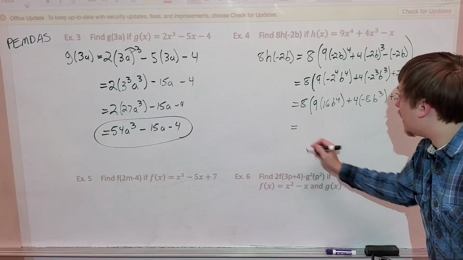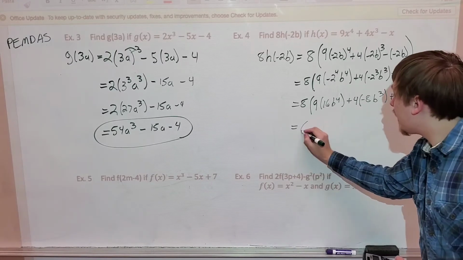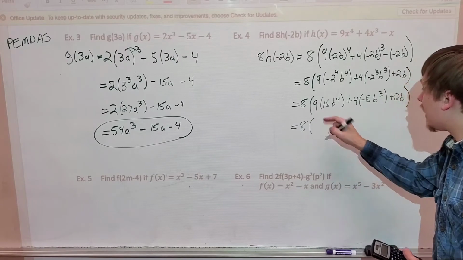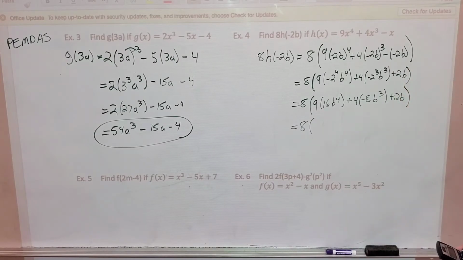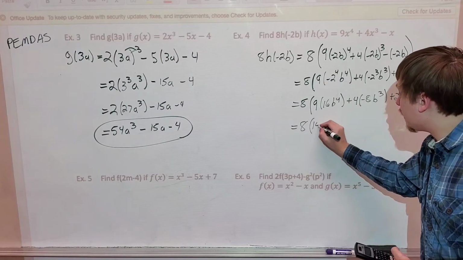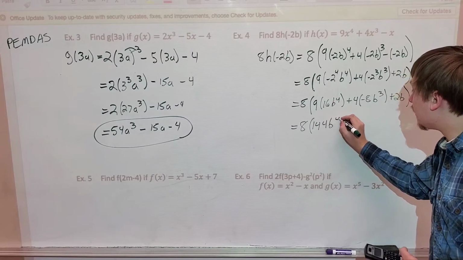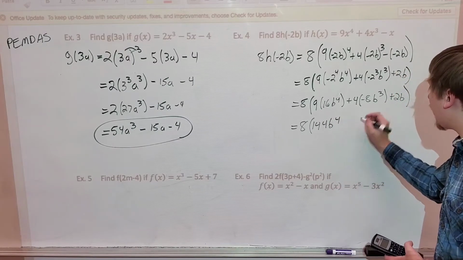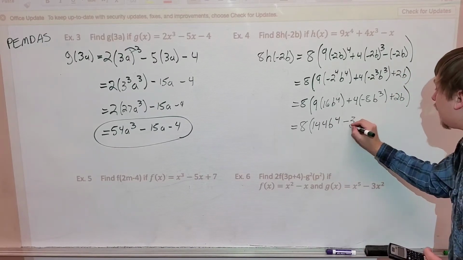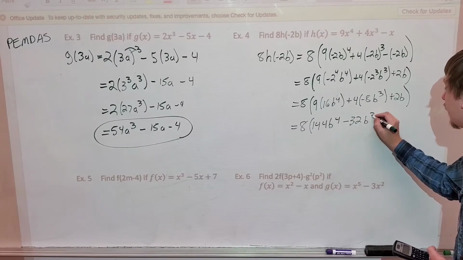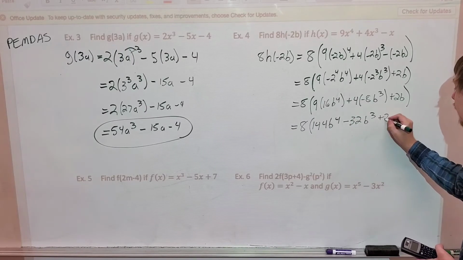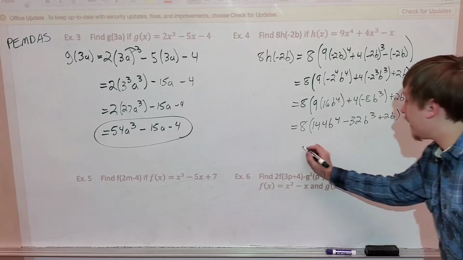Okay. Now we're going to multiply the stuff on the inside of the parentheses. 9 times 16 is 144, so we have 144b to the fourth. 4 times negative 8 is a negative 32 with a b to the third, and then at the end plus 2b. And there we go, this is the last step.